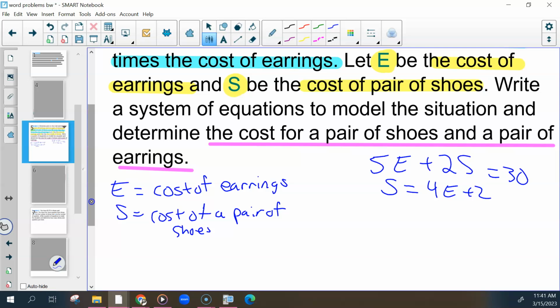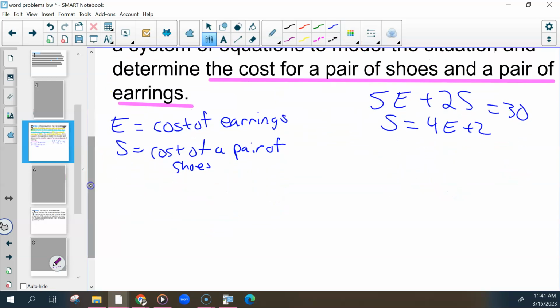Substitution, because we have a variable already by itself. So we're going to take 4E plus 2 and put it in for S. And then solve for E.